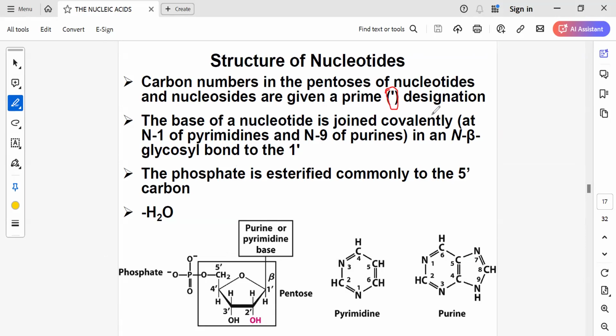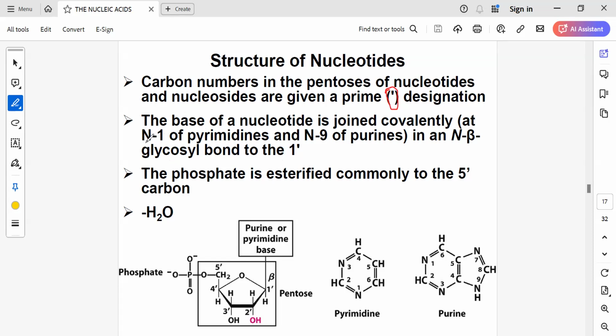Then the base of the nucleoside or nucleotide is joined covalently at nitrogen 1 of pyrimidines. So it means that these bases are covalently linked, the nitrogen 1 of pyrimidines forms a glycosyl bond to the 1 prime carbon. So you should know this.